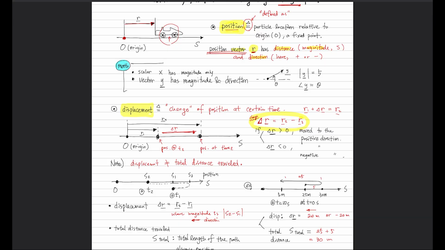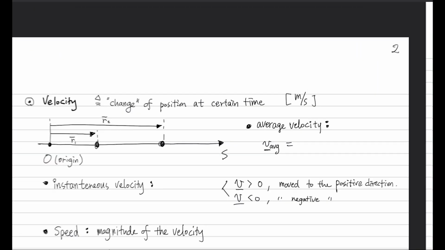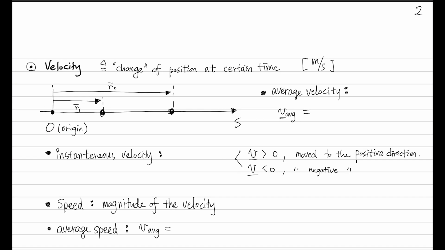All right, let's move on. Okay, so now we would like to talk about the velocity. The velocity is the rate of change of position at certain time. Previously, we were here, and then later you're there.